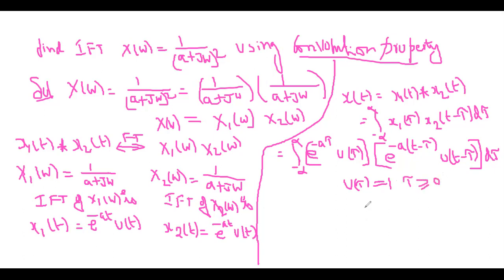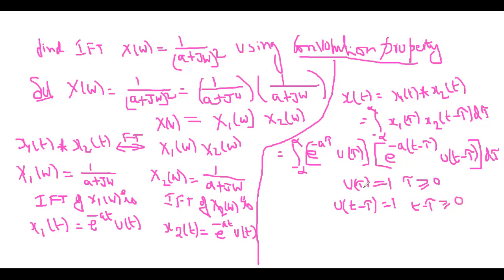For the remaining, tau less than 0, the value is 0. Similarly, what is mu of t minus tau here? Mu of t minus tau is equal to 1 when t minus tau is greater than or equal to 0.